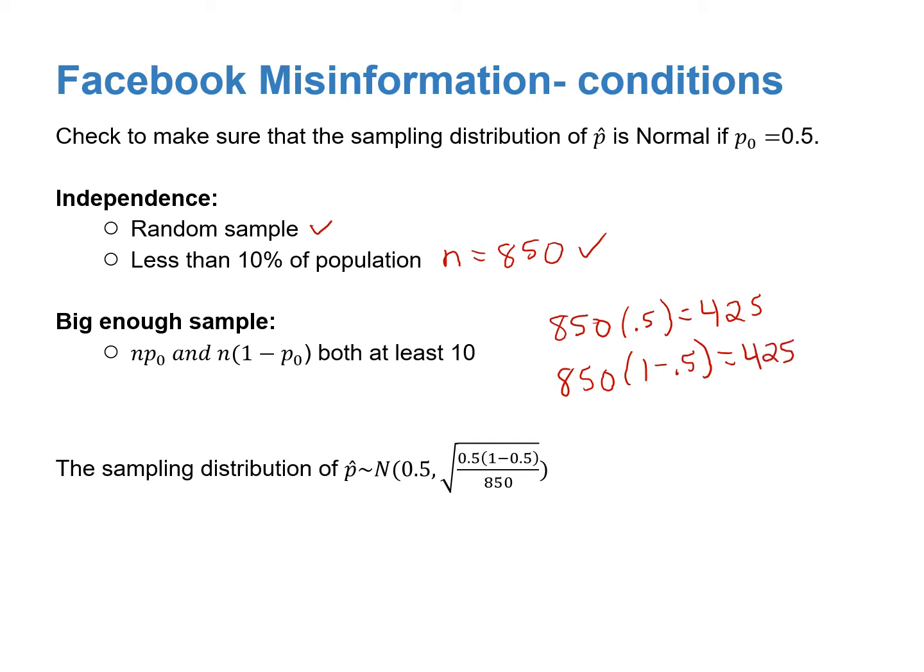Since those are both at least 10, my sample size is big enough, and the sampling distribution of p hat should be approximately normal, with a mean at the null hypothesized value, 0.5, and with standard error given by the square root of 0.5 times 1 minus 0.5 divided by 850.